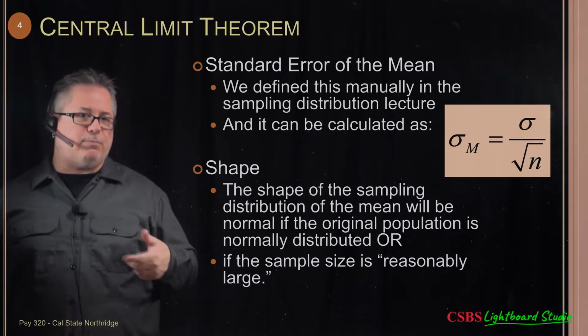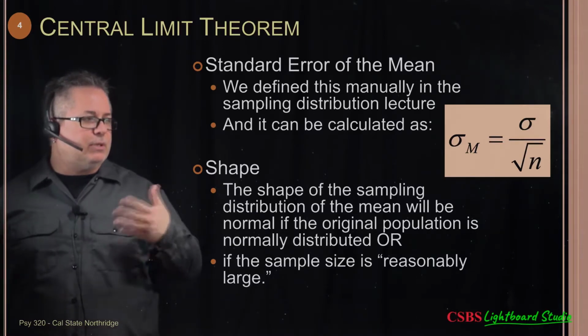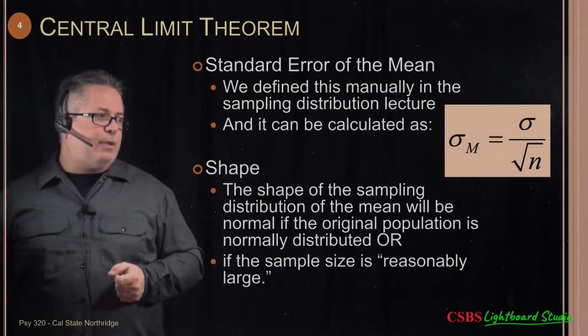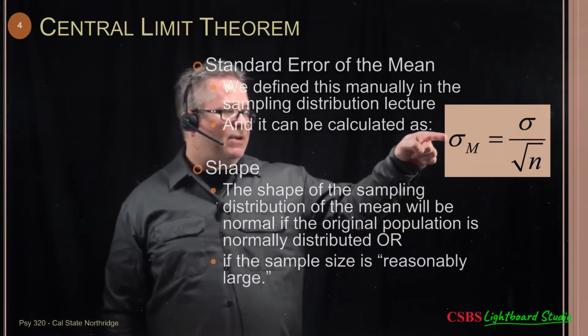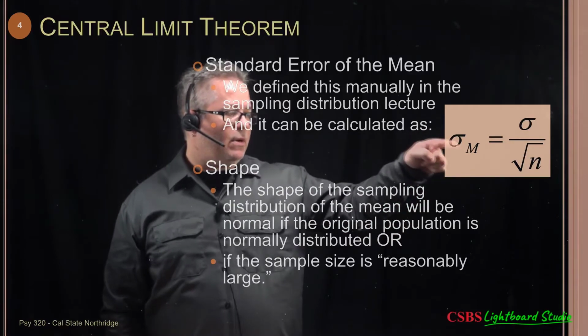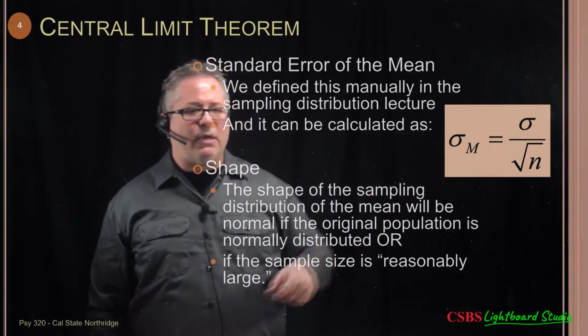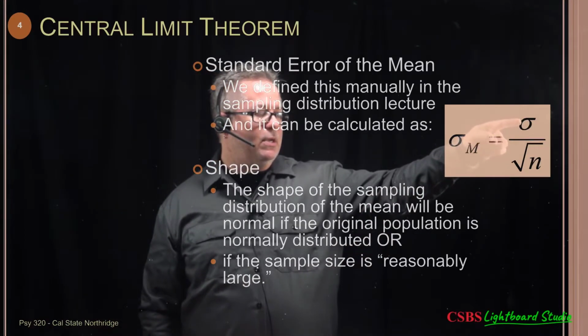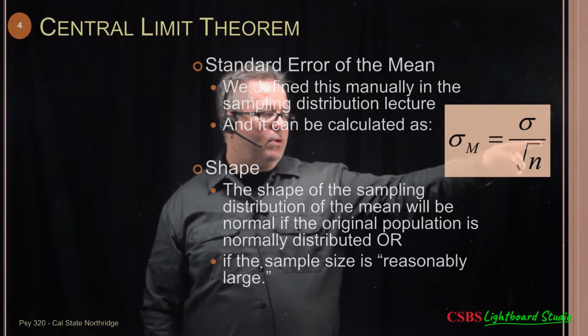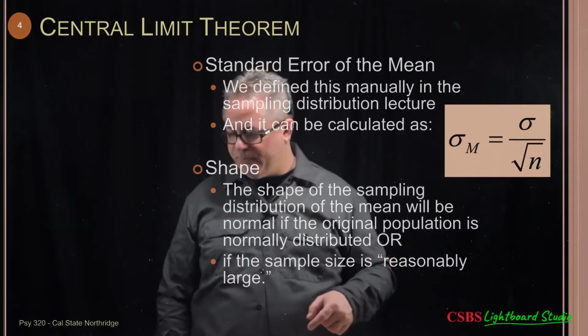We defined this manually when we sampled over and over again, but we can also just calculate it. The standard error of the mean can be calculated directly by taking the standard deviation of the population and dividing it by the square root of the n of the sample.